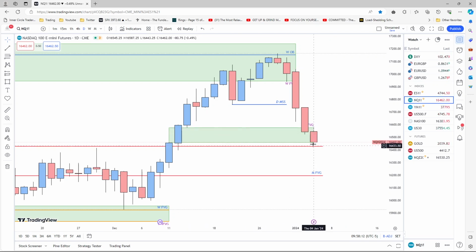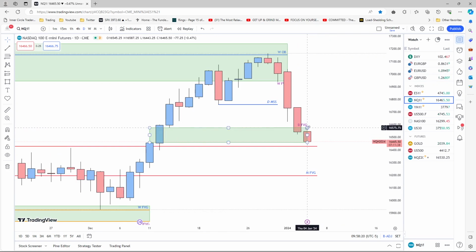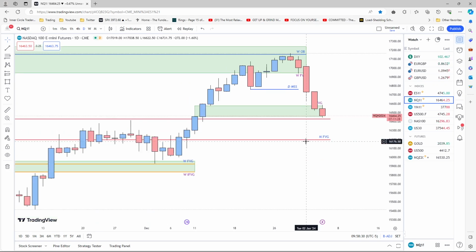If we close below this and we retest, then I want to see a move lower on this pair. But the line in the sand is this daily fair value gap. We need to see how this day closes. And from there on out, we can trade according to that.